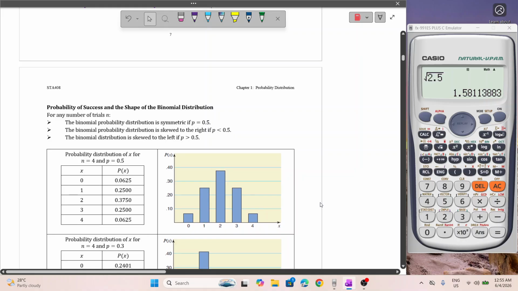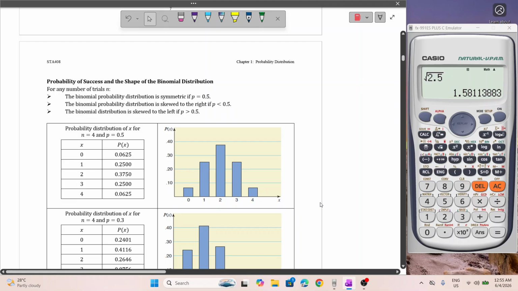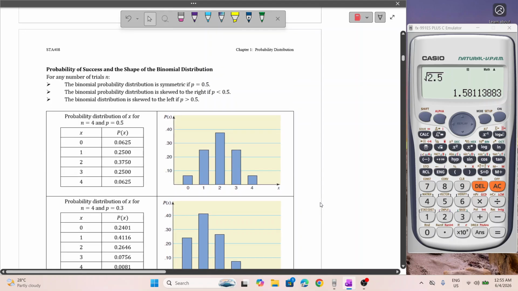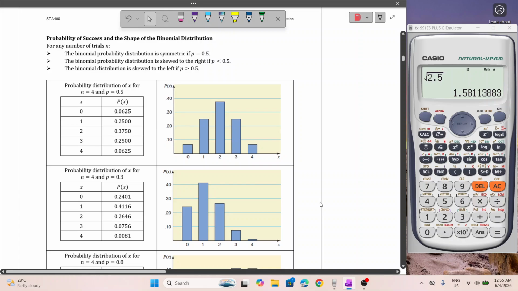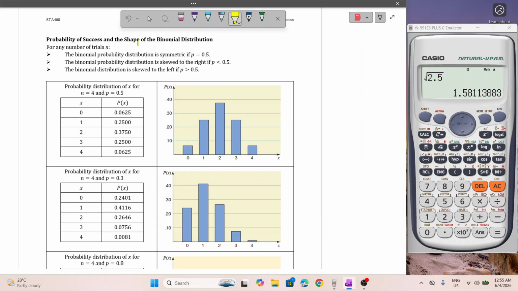All right, class. Now we want to look at the shape of the distribution. Okay, so the probability of success and the shape of the binomial distribution. For any number of trials n, regardless of how many, let's first recap the four characteristics or requirements for a binomial distribution.